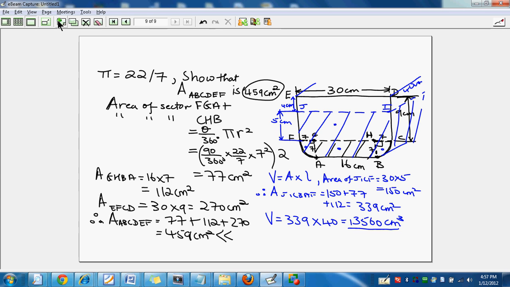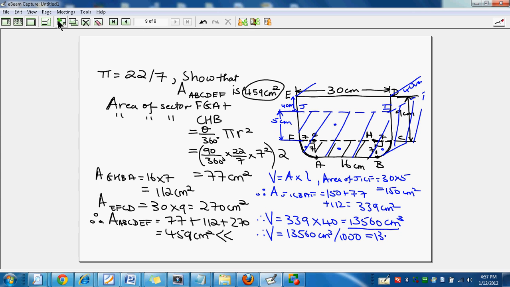If you go back to your conversions, you'll see that there are 1,000 centimeter cube in 1 liter. So to express this in liters, you'll have to divide this by 1,000.